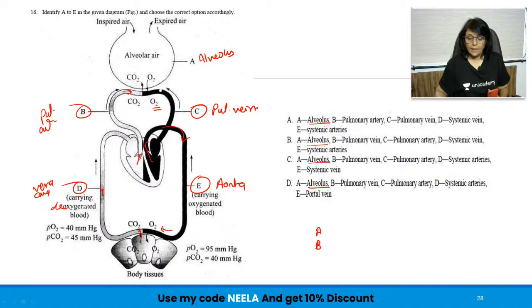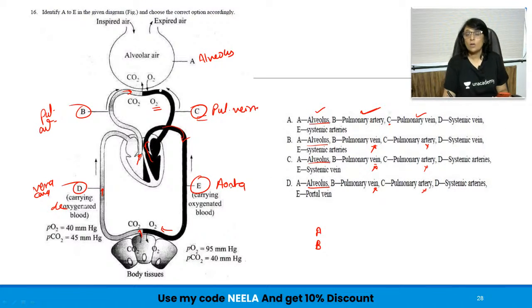A is alveolus. This is right. B is pulmonary artery. Vein. So see, at this place we can be reaching our answer. But let us see. C is pulmonary vein. Not artery, not artery, not artery. D is systemic vein.